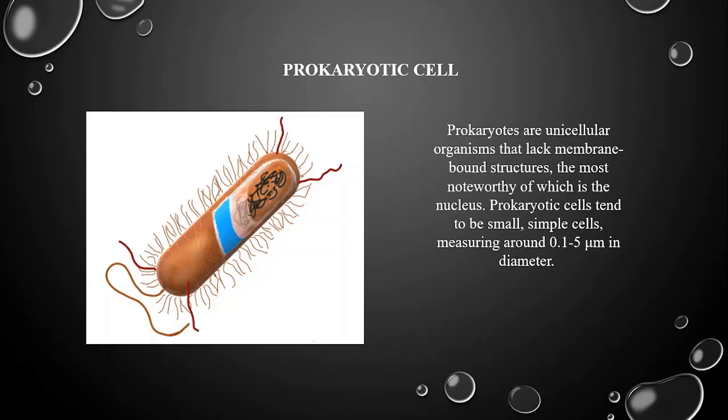So it is a unicellular organism which doesn't contain a nucleus. Here you can see that there is no nucleus or nucleolus, but instead we have genetic material which is placed in a nucleoid region.